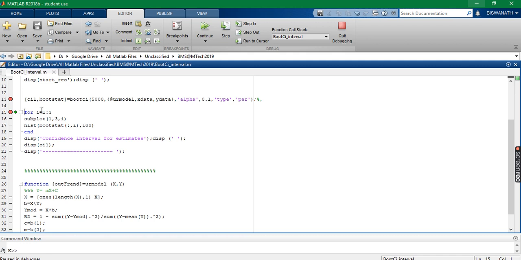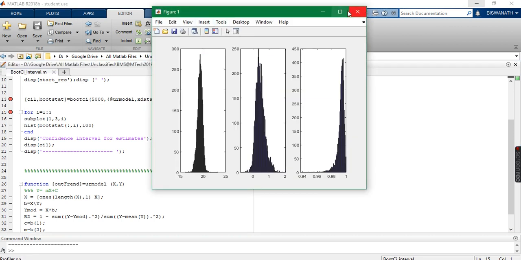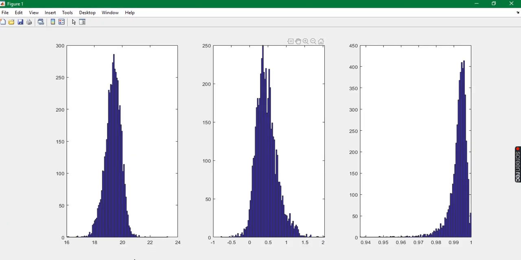Better I will show you the distribution of those values also using a histogram plot from this 5000 data set, and you can see this is a very nice plot to see. So this is for slope. If I am doing it 5000 times, you see it is actually some kind of a normal distribution.